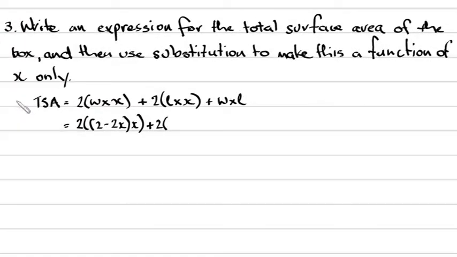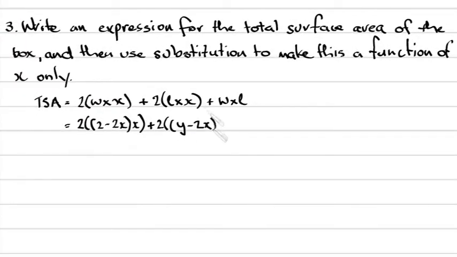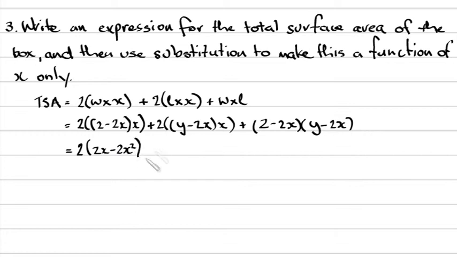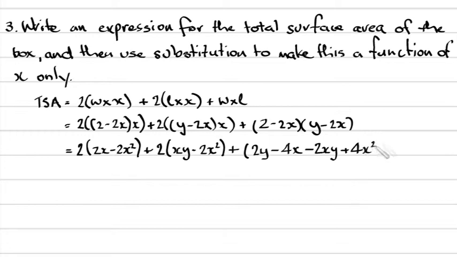And we substitute the values we have for L and W, then we get the total surface area equal to 2 outside of 2 minus 2X by X plus 2 outside of Y minus 2X by X plus 2 minus 2X by Y minus 2X. And now we carefully need to expand those terms and eventually collect the like terms. So just carefully expanding, we'll do the inside brackets first. First line, 2 outside of 2X minus 2X squared plus 2 outside of XY minus 2X squared plus 2Y minus 4X minus 2XY plus 4X squared.